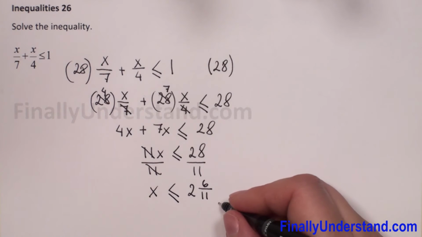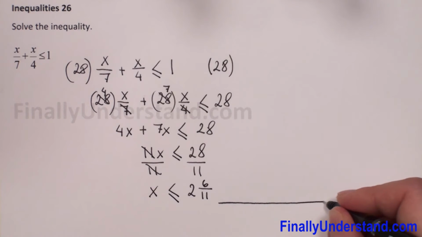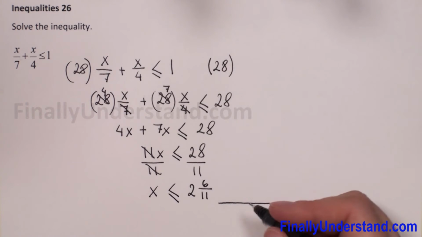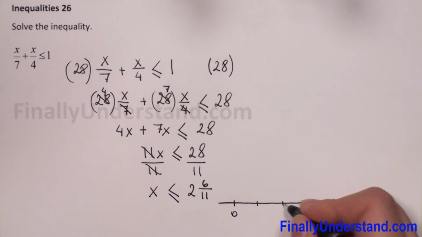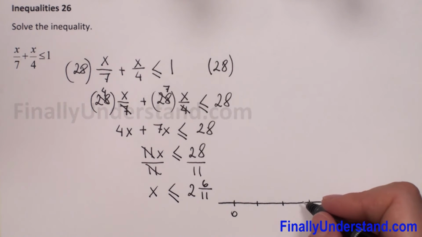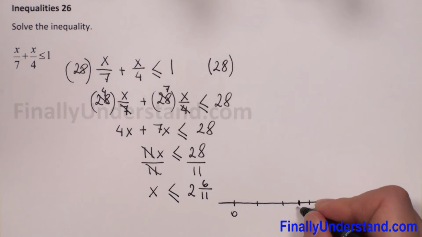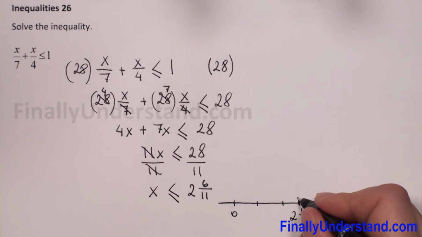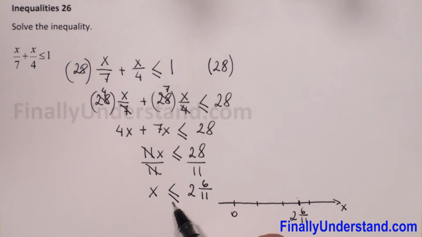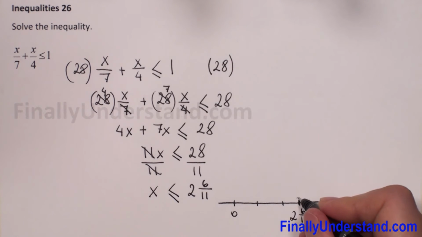So we have to draw a number line. We have 0, 1, 2, 3. So 2 and 6 over 11 will be just here. Because we have the sign less than or equal to, it means this number is included.